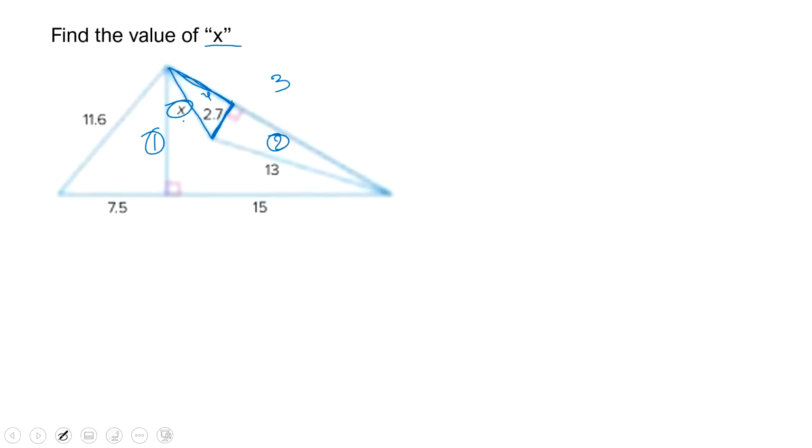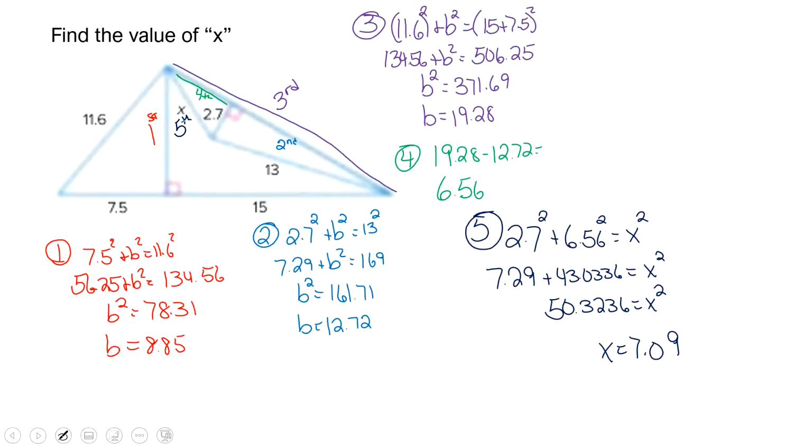So here's all the work. I've numbered it. I put color where I found the stuff in, in different colors again. And then I've shown all my work. So I found the tall leg first, in this triangle here. Went through and solved. I rounded to 8.85. So my legs were 7.5 and 11.6.